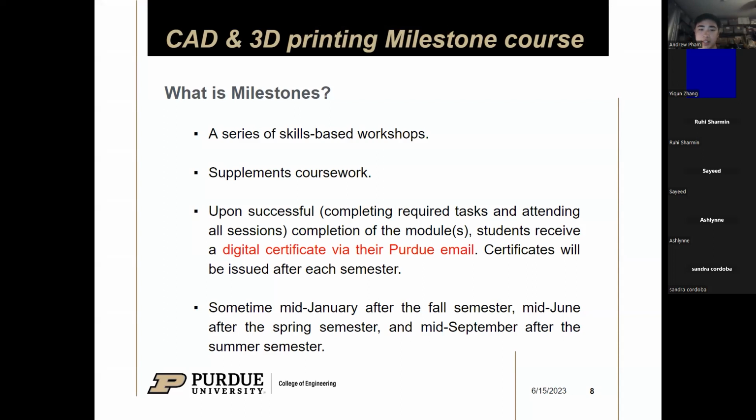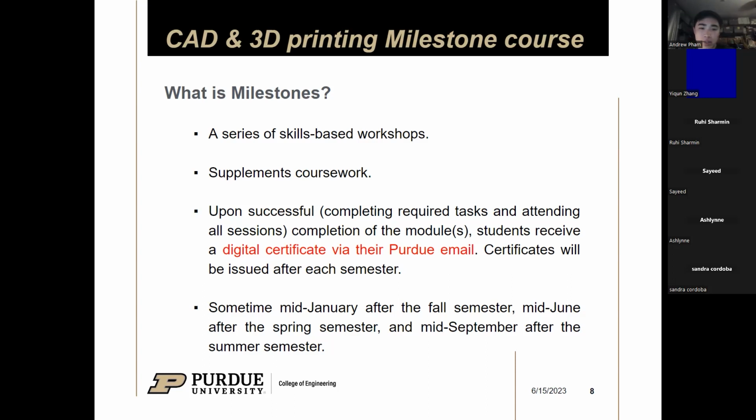Another cool thing is if you complete the course, you'll receive a digital certificate that shows that you're certified to use Fusion 360, and that's great to put on your LinkedIn profile or on your resume and all that cool stuff.